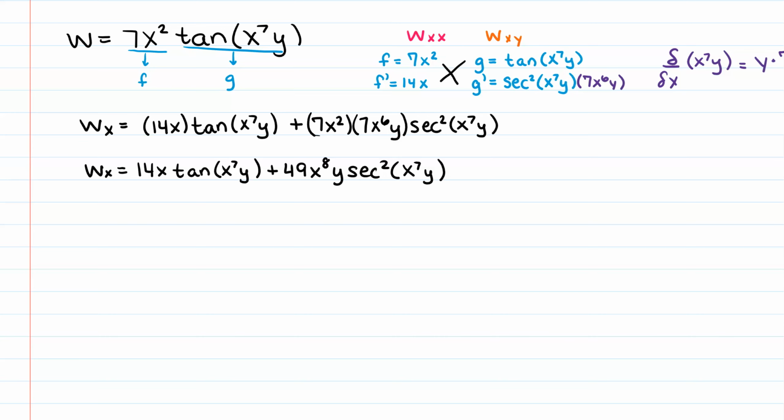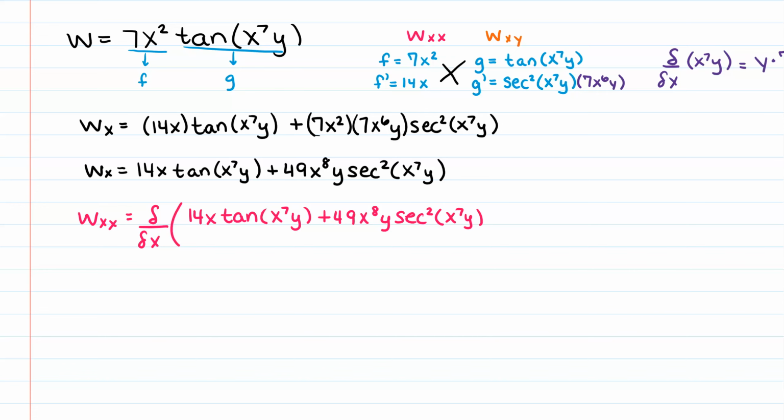So let's do it. So for w sub xx, we're taking the derivative with respect to x of 14x tangent of x to the 7th y plus 49x to the 8th y secant squared of x to the 7th y.